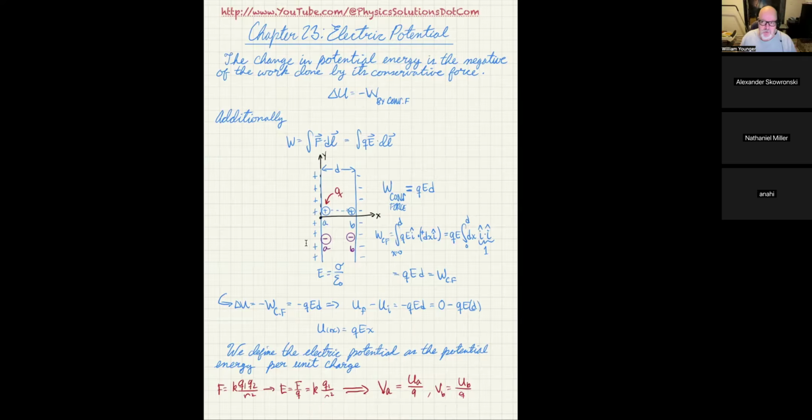It seems like you could be talking about voltage, but if they don't explicitly say the word energy, then you know they're talking about electric potential and therefore voltage. If they do say the word energy, they're talking about the thing that's measured in joules or maybe even electron volts. So the question is asking, if the electron is free to move, will its electric potential energy increase or decrease?